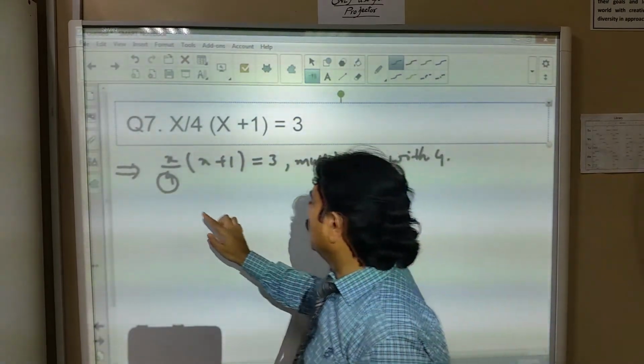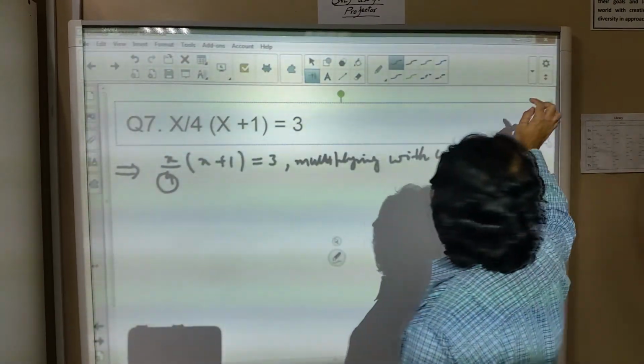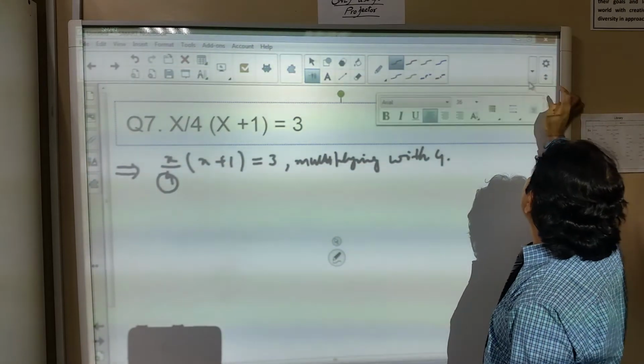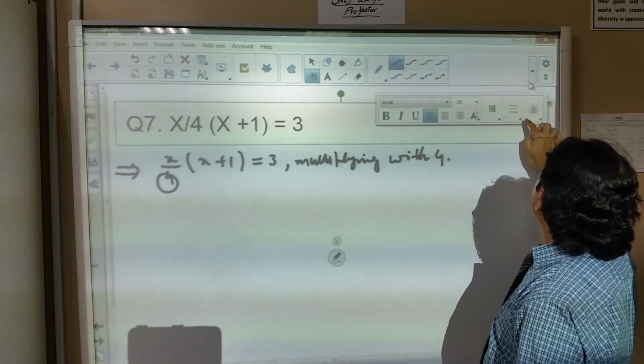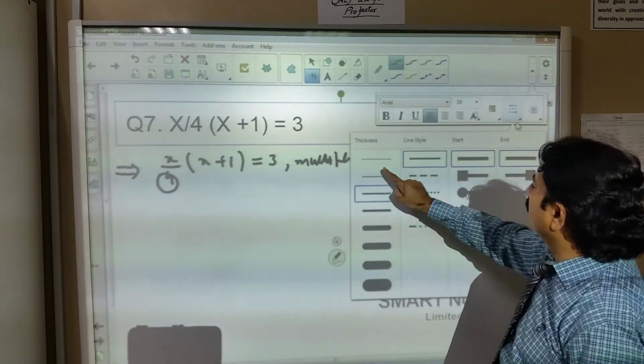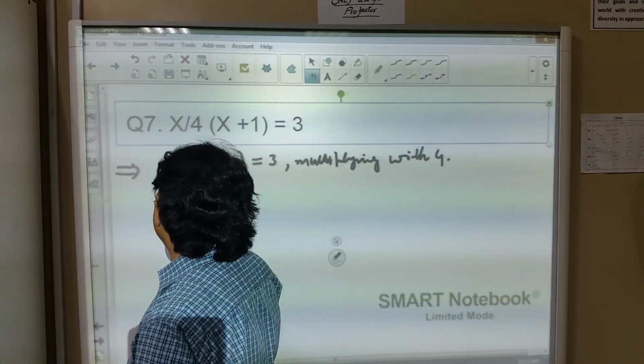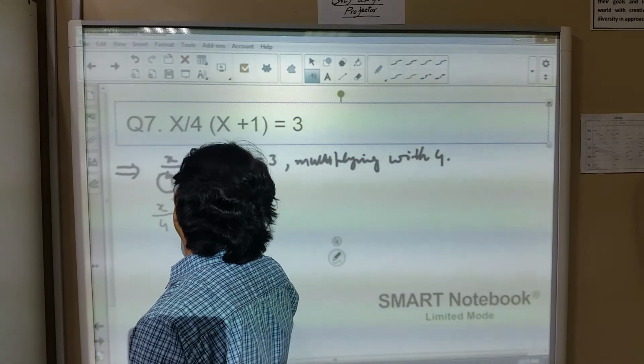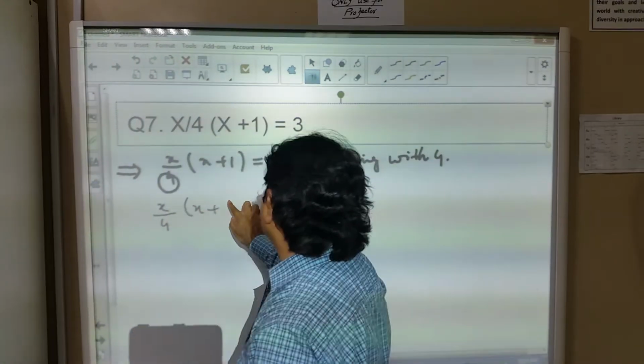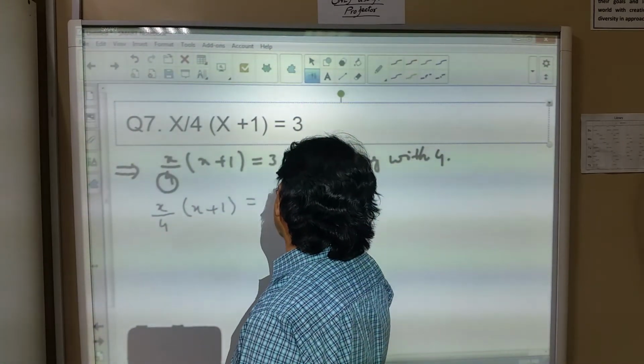So x over 4 into x plus 1 is equal to 3.